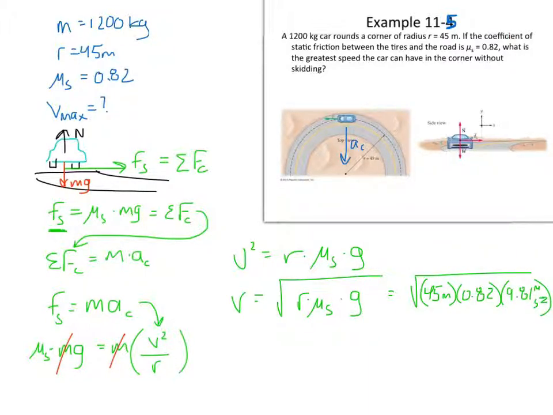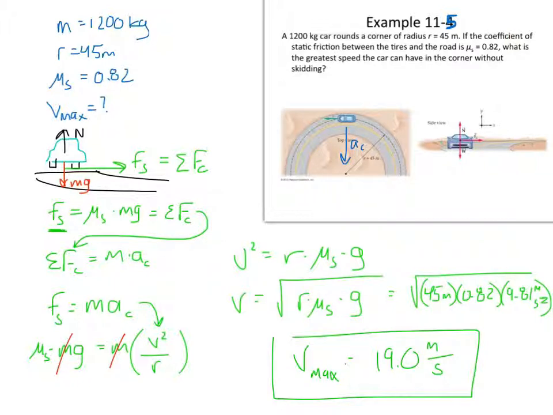Multiply them together, take the square root. What do we get? I get the maximum velocity equals 19.0 meters per second. That's our final answer right there.